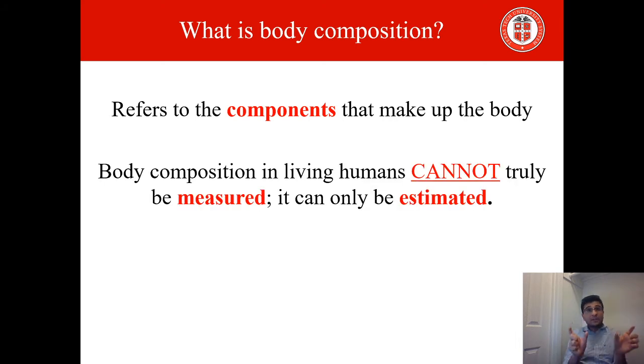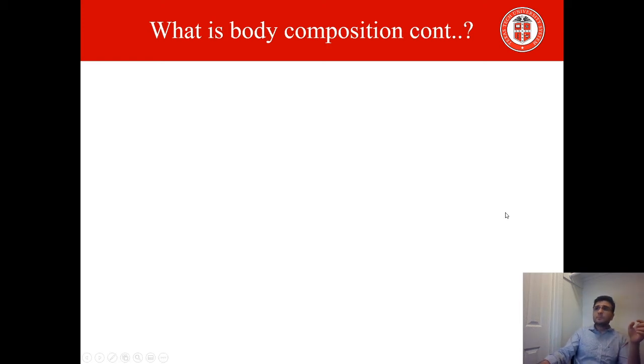And the biggest thing I want to emphasize right at the beginning, before we dive deep into body comp assessments, is that we can only estimate it. We cannot exactly measure things. We are not going inside the body measuring things. We are just estimating, which means that there is always some error percentage while measuring.